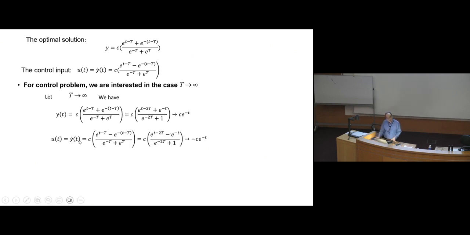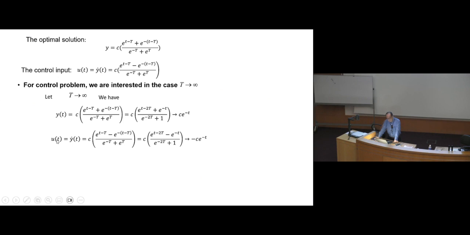All right, so then how about the input? Input is the y dot, so we take the y dot of this one, and then we also put capital T going to infinity, and it becomes just minus c e to the minus t. Okay, any questions? But clearly you can see the relation between the u and y.